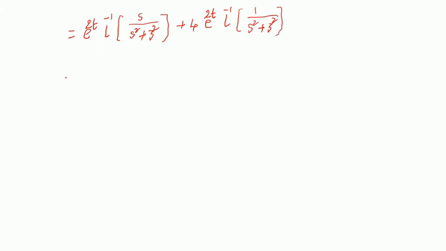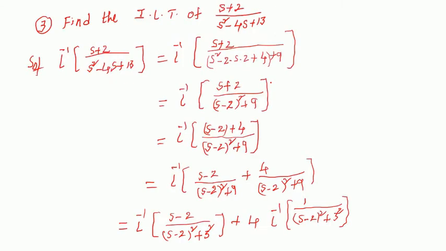So this is equal to e power 2t into L inverse of s by s square plus a square, which is cos at, meaning cos 3t, plus 4 into e power 2t into sin at by a, meaning sin 3t by 3. So this is the problem number 3, right?